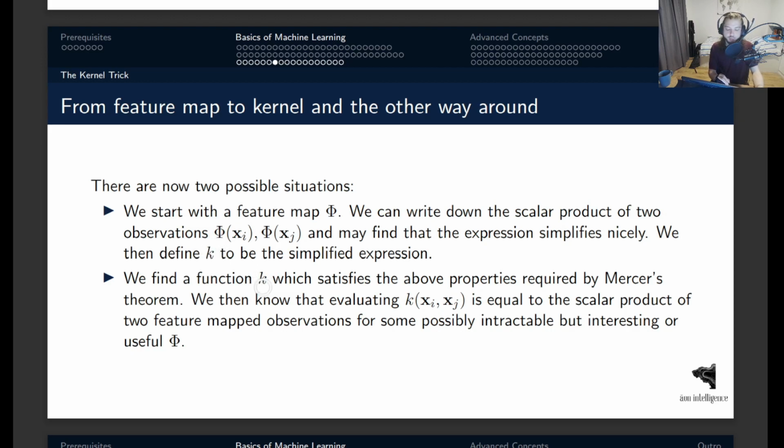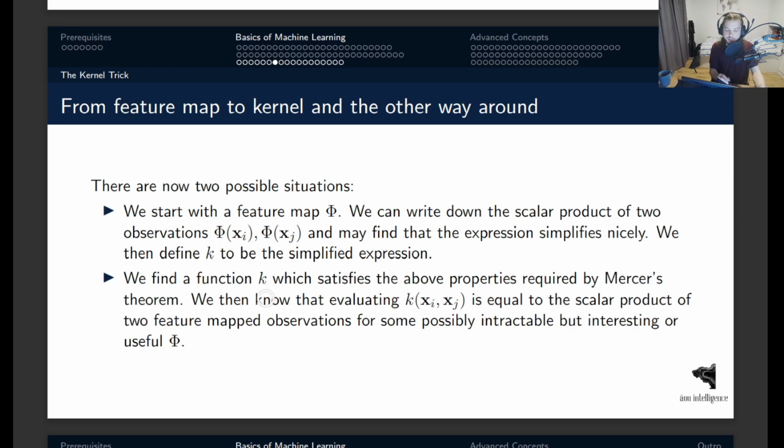In the second scenario, we start with a bivariate function k, which satisfies the properties required by Mercer's theorem. Namely, k is symmetric, and the kernel matrix induced by k is positive semi-definite for any collection of observations you have.